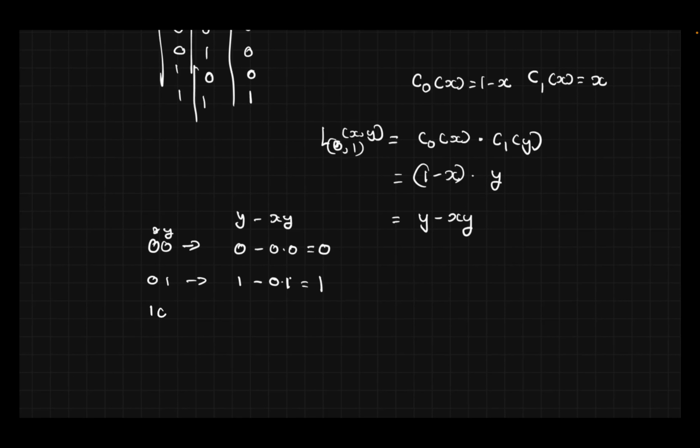If I evaluate at 1, 0, that's going to be 0 minus 1 times 0, which is 0. If I evaluate at 1, 1, that's 1 minus 1 times 1, which is equal to 1 minus 1, which is equal to 0. Does it make sense? So you can see that we have been able to get the function that can get 0, 1.